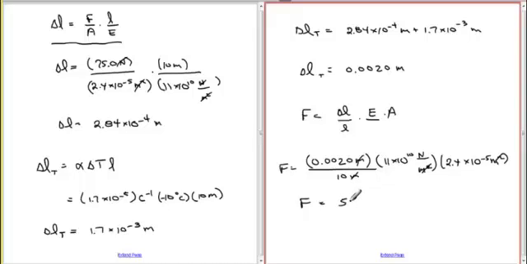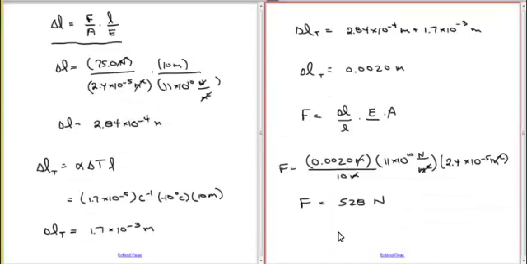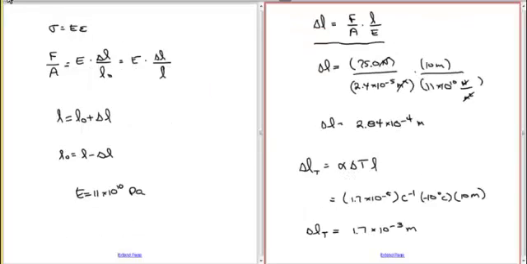And I get that the force, the tension, is 528 newtons compared to the original 728. And I'm just going to check my answer. Yeah, okay. So I probably can only use two significant figures because of the way I did the problem. So I get 530 newtons. So let's explain what we just did.